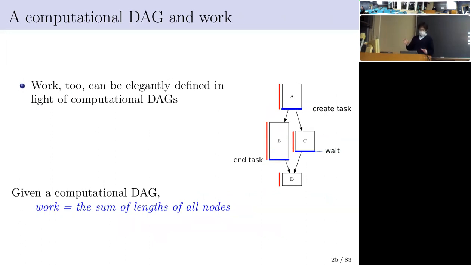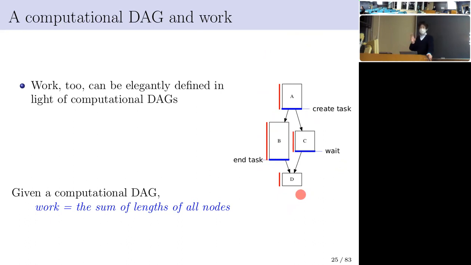As I said earlier, there's one more thing. So what is work? We have defined the critical path. Work is similarly defined in terms of the computational DAG. Work is simply the sum of all nodes in the computational DAG.